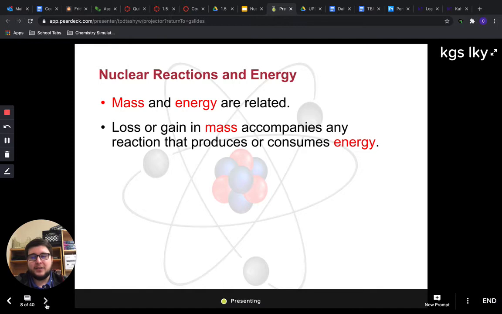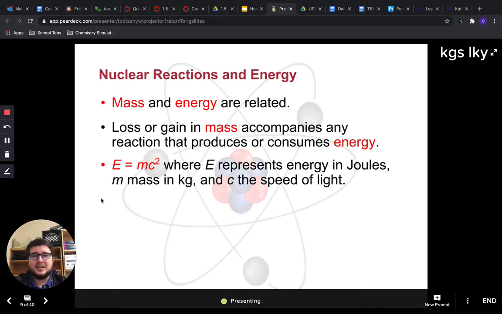And the way I can figure out how much is this equation, E equals mc squared, where E represents energy in joules, which is just the SI unit for energy. m is your mass in kilograms, and c is the speed of light. So that's a constant that you can look up. This is an equation that you would use to determine if I lose or gain a certain amount of mass, how much energy is released. And that video that you just watched goes into a little bit more detail about that equation.